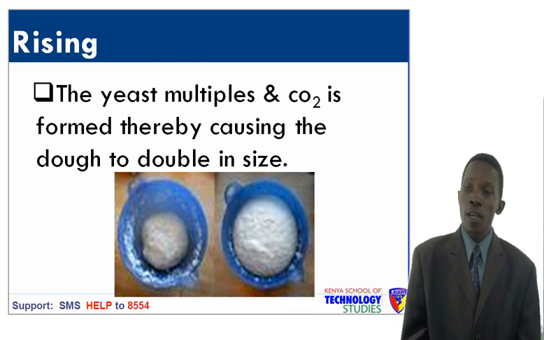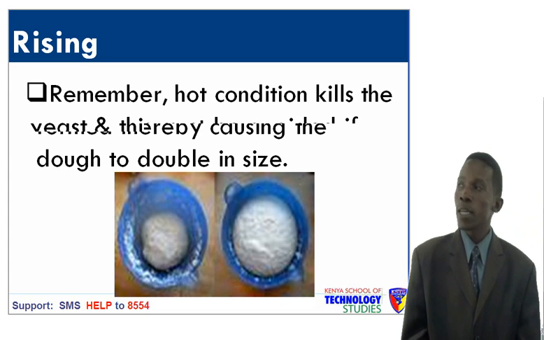As you can see in the picture, we have a smaller bowl, the dough that has been mixed, and after keeping it for some time, it has improved in size to almost twice the size.